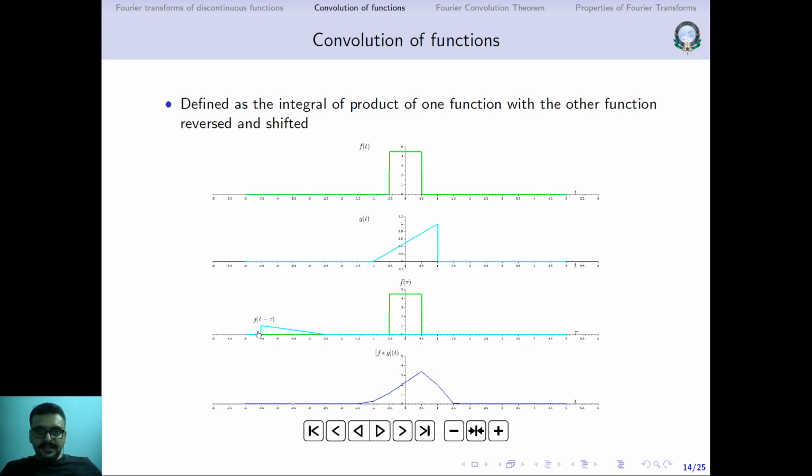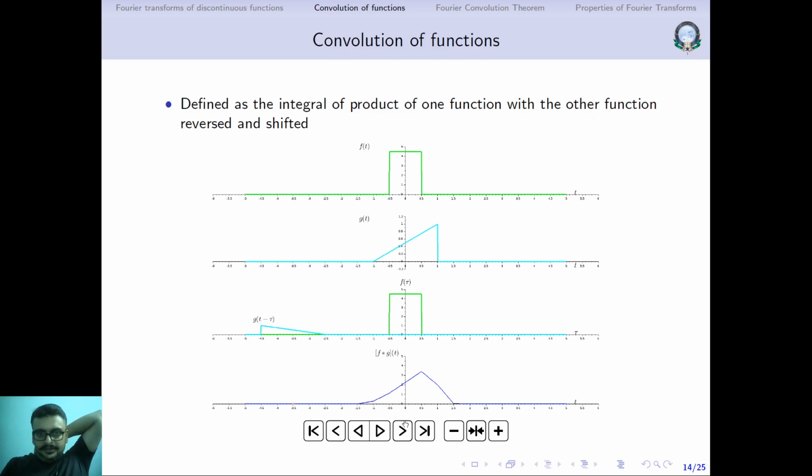Now you see, wherever this function g is non-zero, function f is 0, and wherever function f is non-zero, the function g is 0. That means the product of these two functions for this shift will be 0 everywhere. As a result, the integral of the product will also be 0.